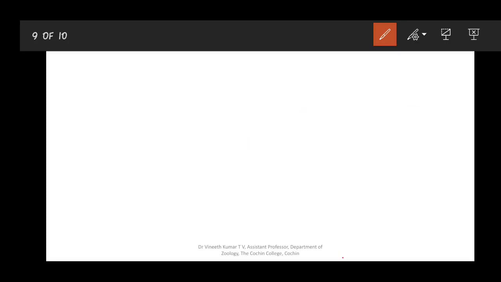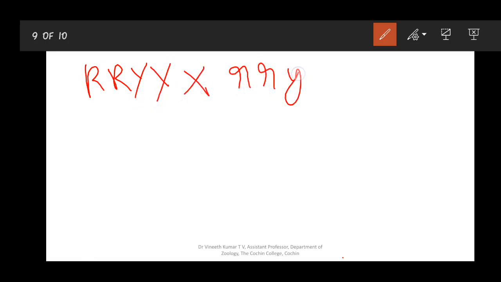So we started with capital R, capital Y cross small r, small y, and what we obtained was from this. So this was parent 1 and this was gamete 1.